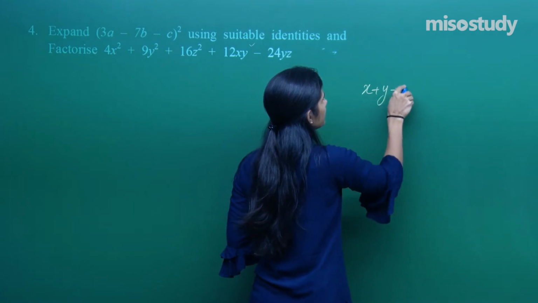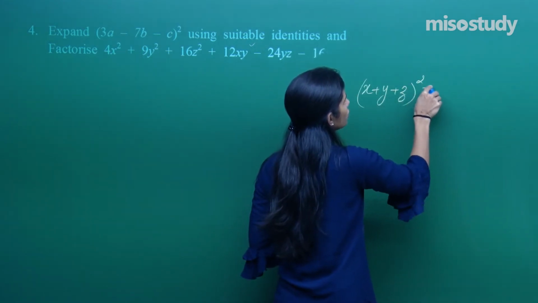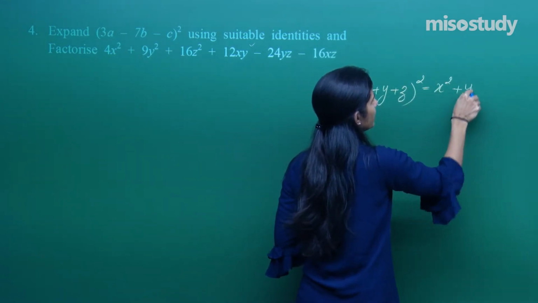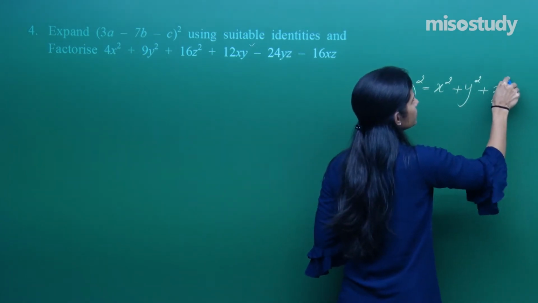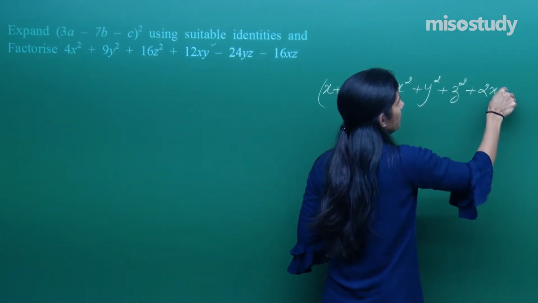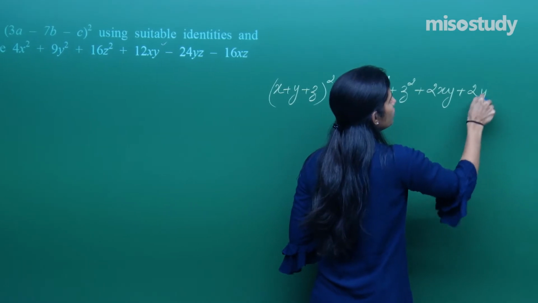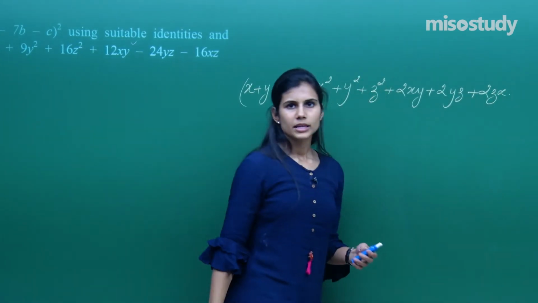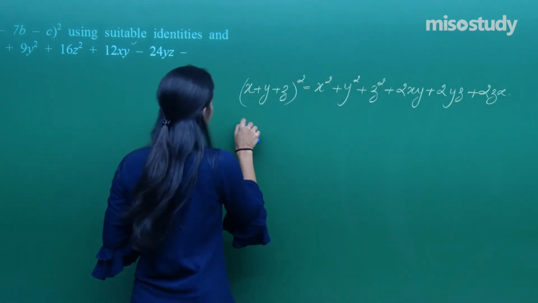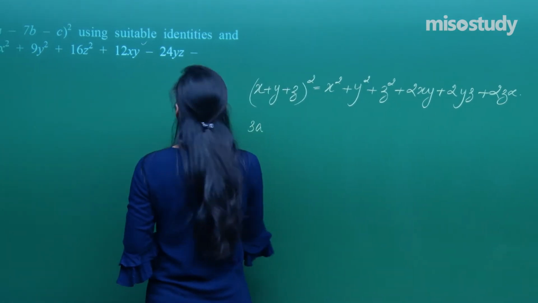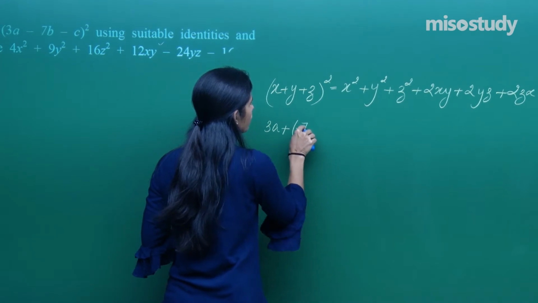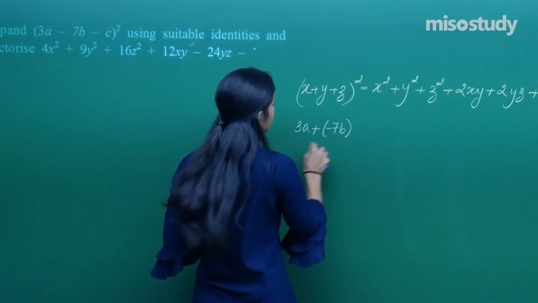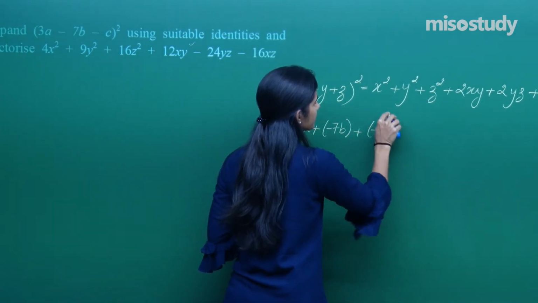You all know (x plus y plus z) whole square is x square plus y square plus z square plus 2xy plus 2yz plus 2zx. Here what you have? 3a, okay, minus 7b, let's write it as plus of minus 7b, minus c, let's write it as plus of minus c.